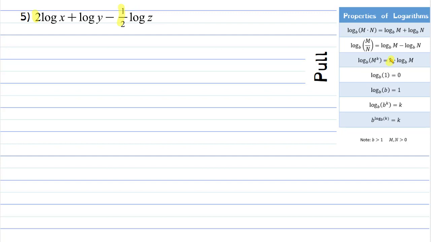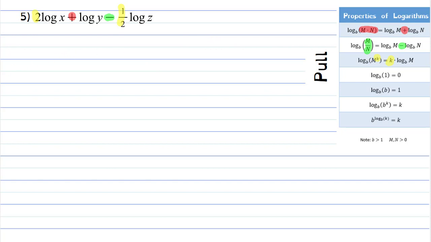They're coming down here and becoming our exponents, where that 1/2 is going to become a square root. I have my addition that's going to become multiplication, and I have my subtraction that's going to become a division.